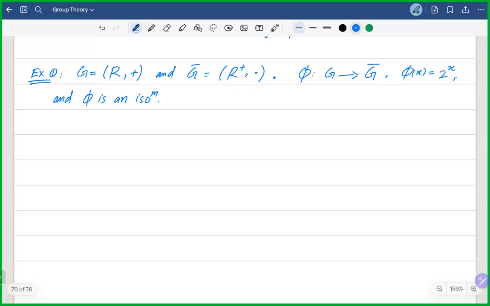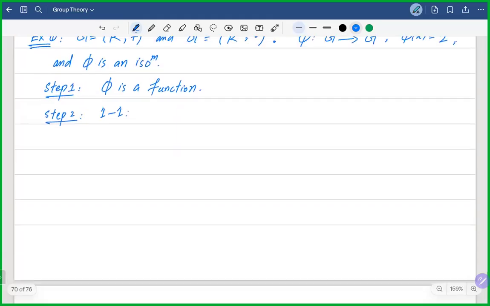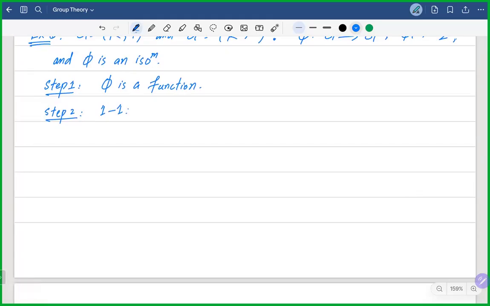So it's a mapping. First step one is done. So let me break those into steps. Maybe that would be helpful because it's a first example. So phi is a function. Step two. One-to-one, right?